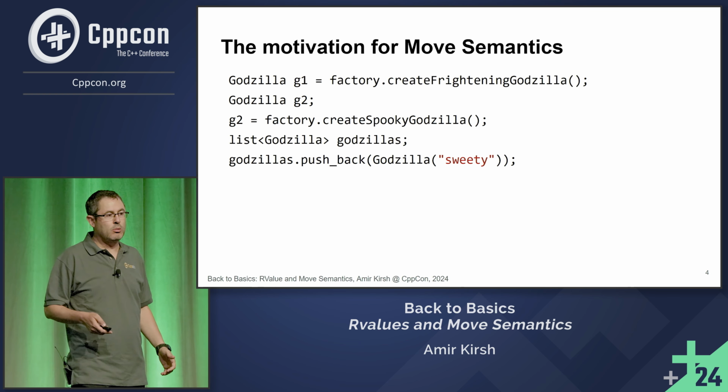We can create two functions, one that deals with L-value references and the other with R-value references, and then we can distinguish between them in cases where we need to do something with an object, like copy it. The one that gets an L-value reference would actually copy. The one that takes the R-value reference would steal, oh, sorry, move. Okay, that's the direction. That is what we try to achieve.